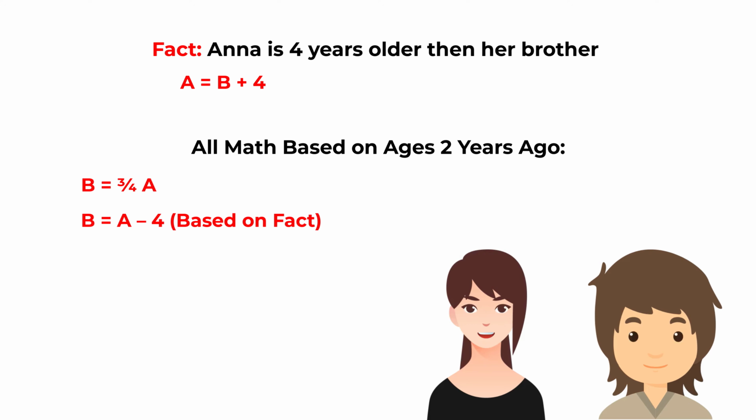And now we can create an equation based on Anna's age at the moment 2 years ago. Anna's age minus 4, based on the fact, equals 3/4 of Anna's age, which means that Anna's age minus 3/4 of Anna's age equals 4, 1/4 of Anna's age equals 4, and Anna's age equals 16.